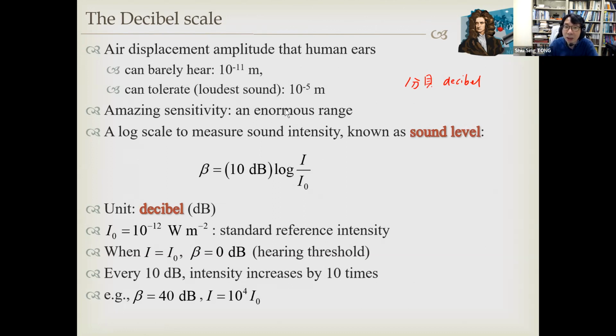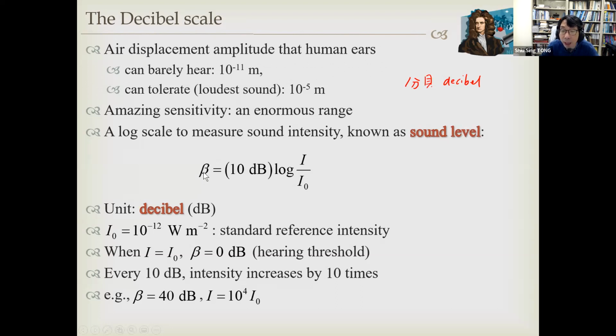So it is not convenient to describe this change with a linear scale because of the large number of orders of magnitude involved. Instead, we use a log scale, known as the sound level. The sound level represents the sound intensity, but on a logarithmic scale.